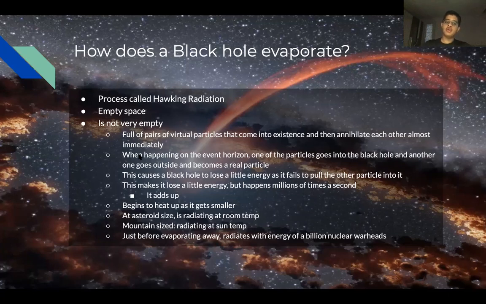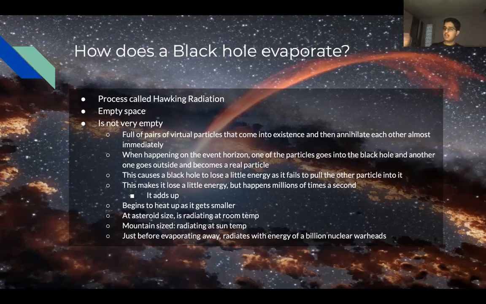But when this happens at the event horizon, one of the particles is pulled into the black hole, whereas the other one escapes because the black hole isn't strong enough. This is quantum physics, so don't ask me how that's possible. I'm still trying to learn this myself. So one particle goes into the black hole and the other escapes despite the black hole trying to pull it in.